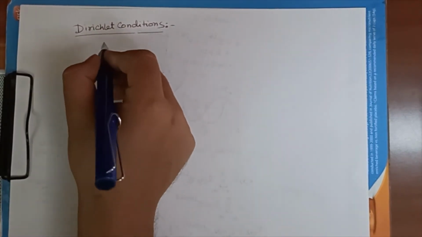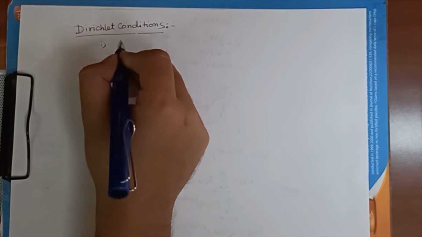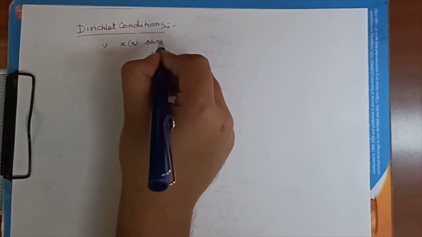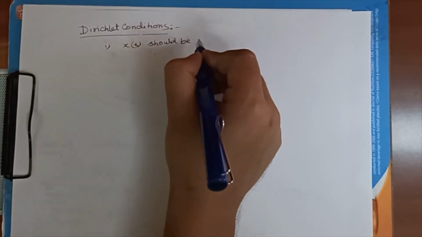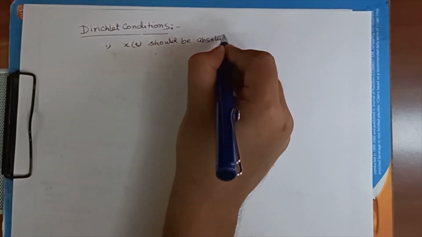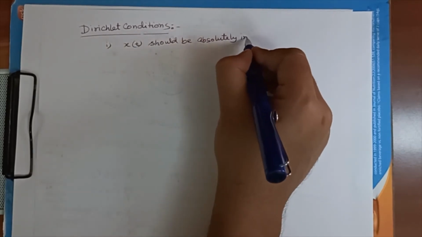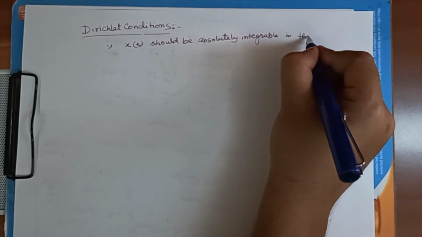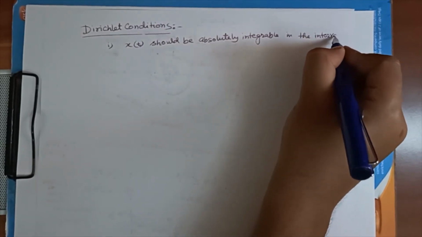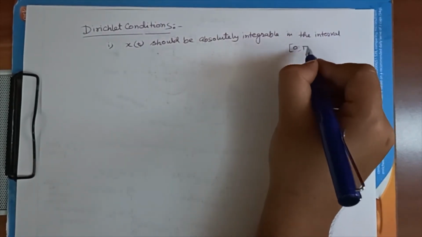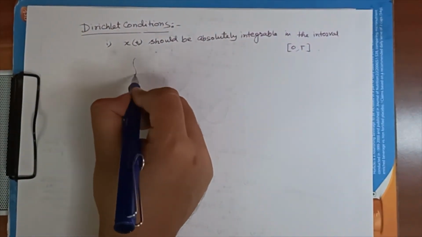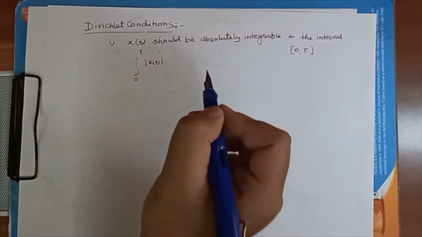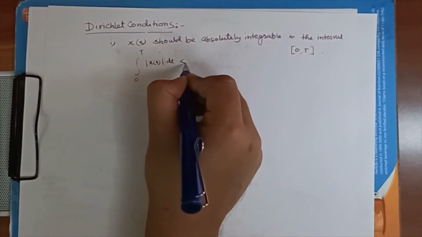So the Dirichlet conditions say that x(t) should be absolutely integrable in the interval 0 to T. So we should write the integral from 0 to T of modulus of x(t) dt, because x(t) can be a complex function in general, and this should be less than infinity.